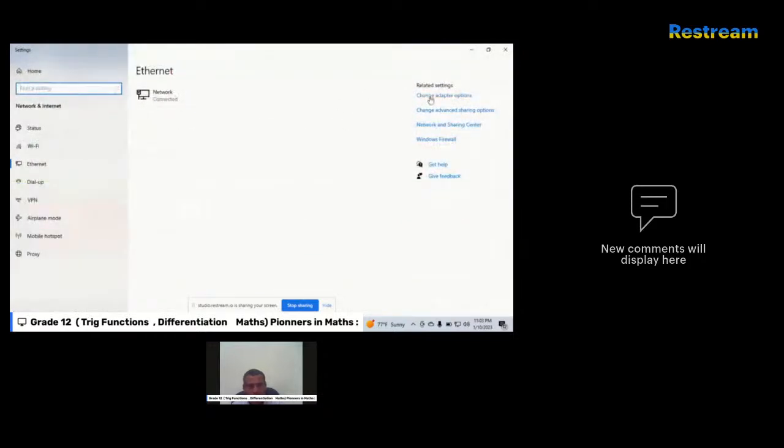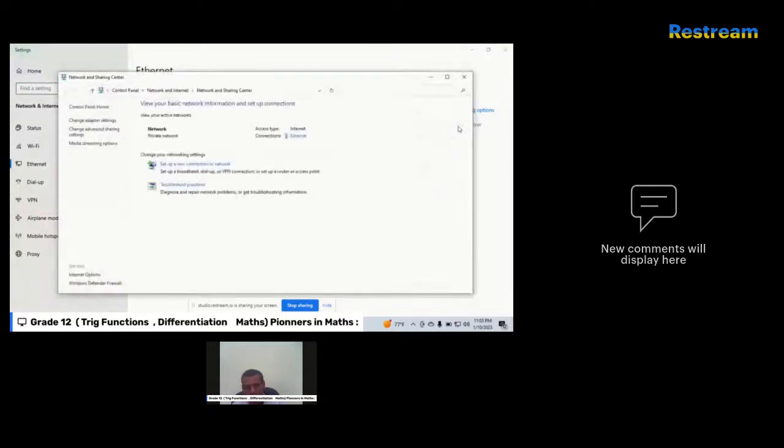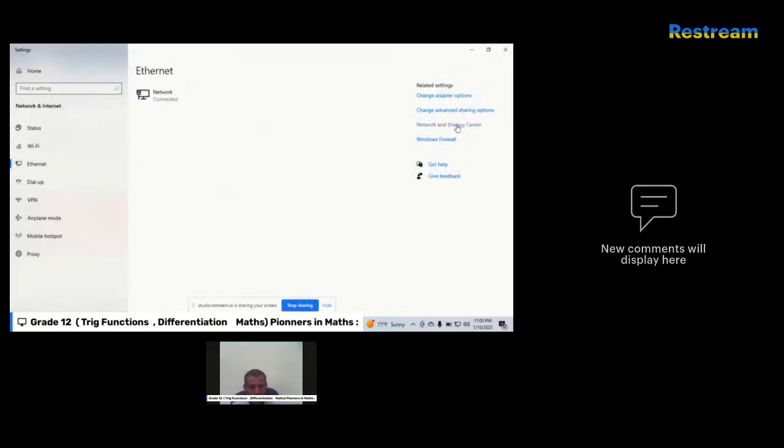Change network sharing center, connection.